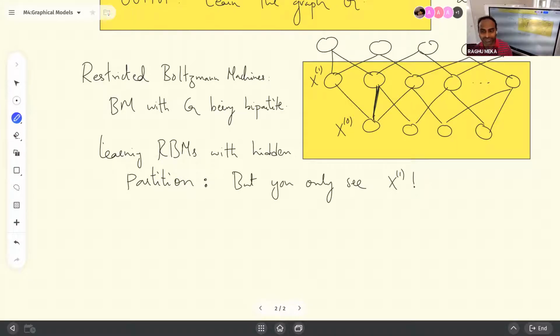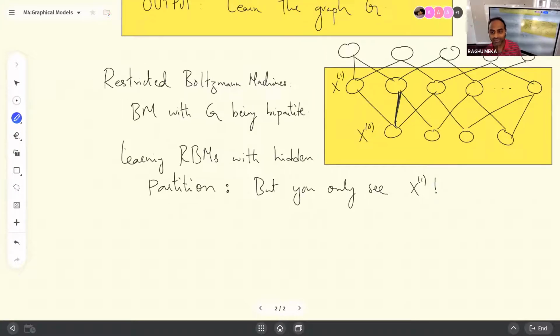Okay, think of it as some kind of neural network, and they said, okay, I only see the outputs of the top layer. Can I still learn the network? Can I still learn the underlying graph just from seeing one side of the observations, whereas the other side is hidden? And what they did was, okay, I can do some kind of gradient descent to try and learn the network using this.